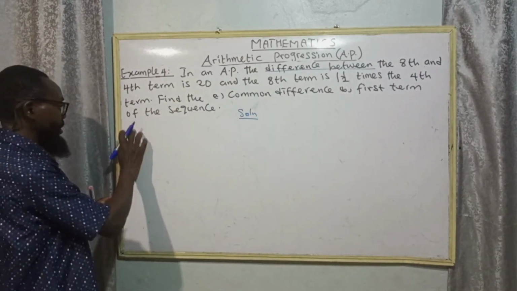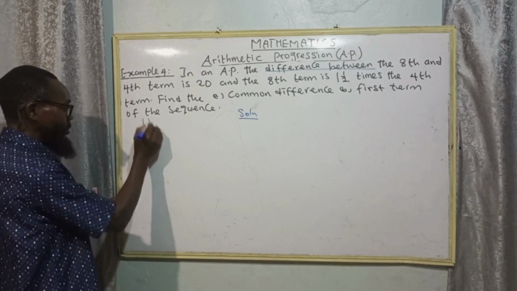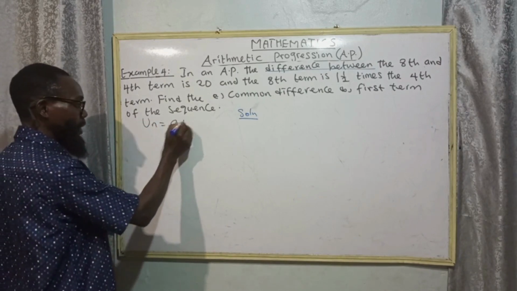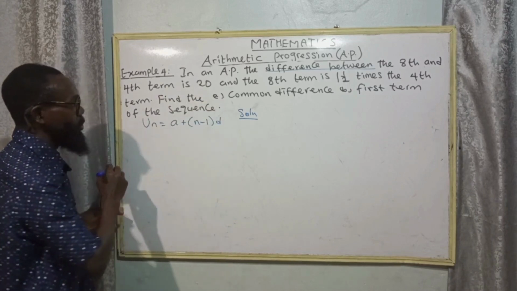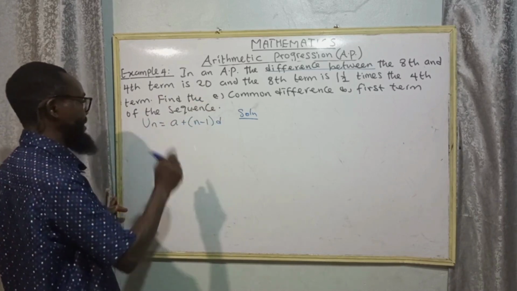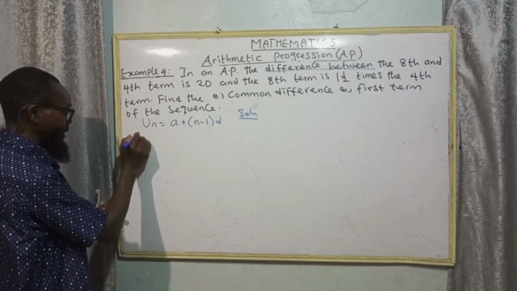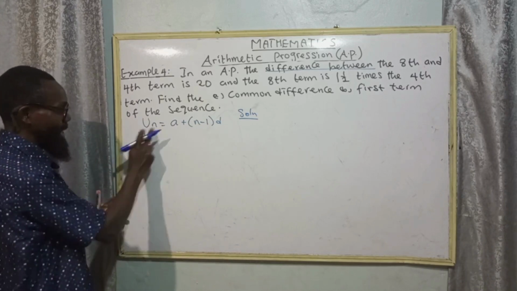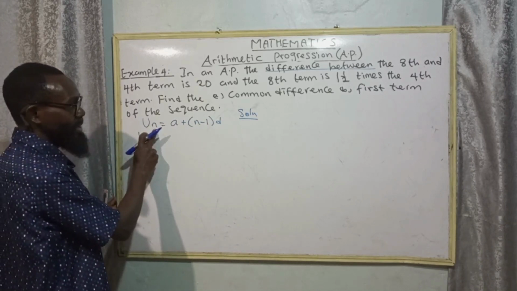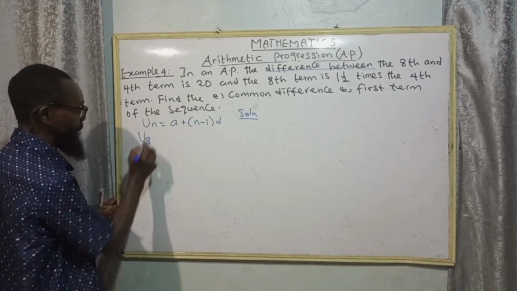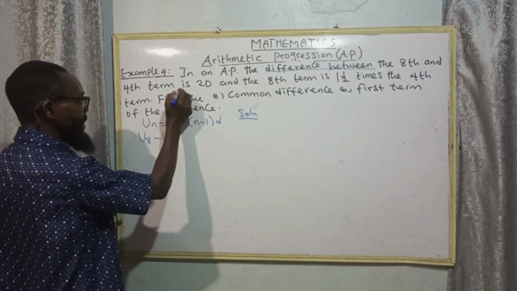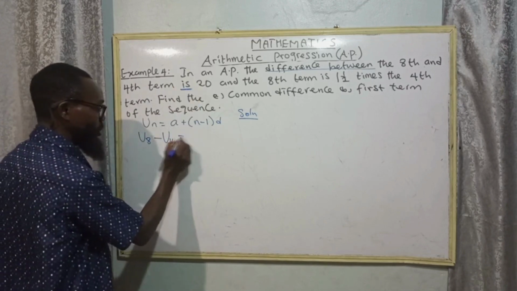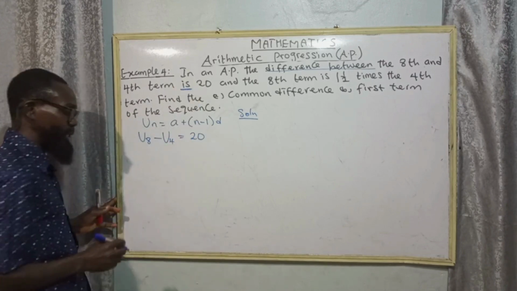The difference between the 8th and the 4th term. Don't forget, our general formula is Un equals a plus open bracket n minus 1 close bracket d. So the difference between the 8th term, U8, that is when n is 8, and the 4th term, is equal to 20.